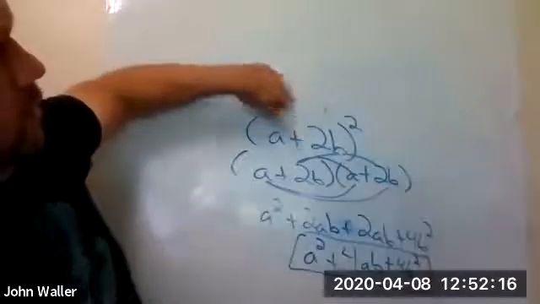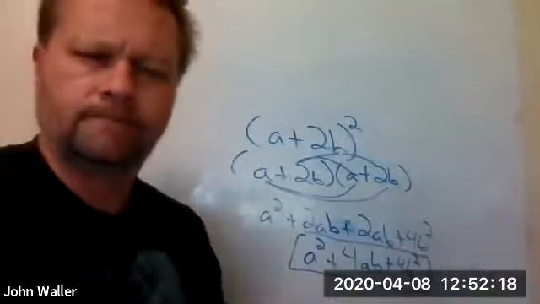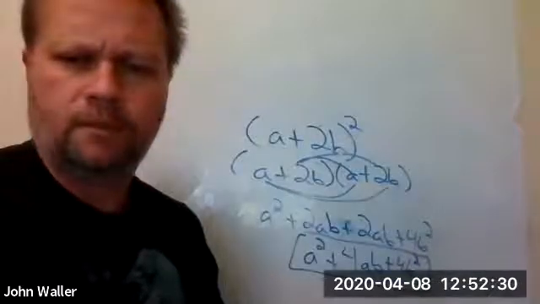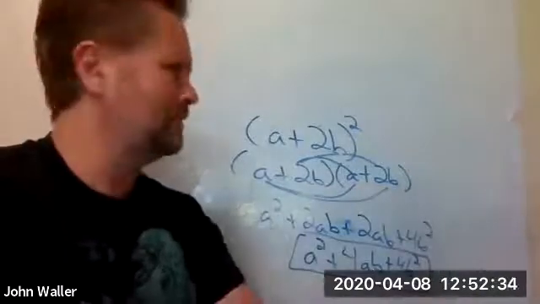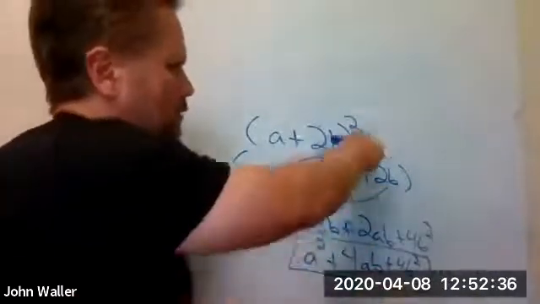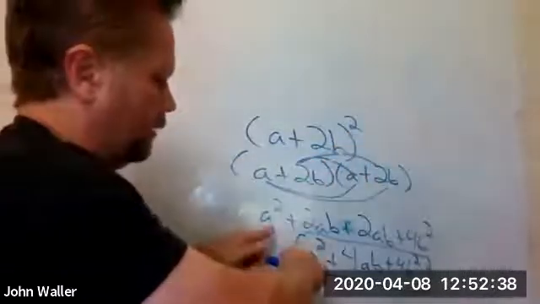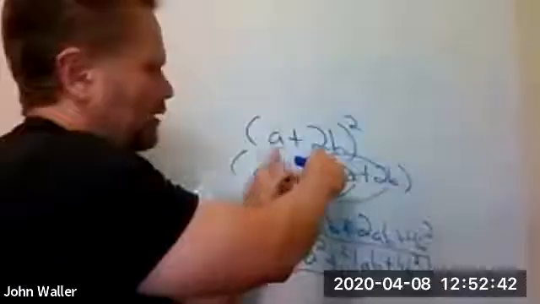What's another way to do it? A squared and 2b squared, or 2ab squared. Are you saying what I'm saying, which is anytime I have something squared, you'll get the first guy squared, the last guy squared, and the middle guy is going to be twice these two.